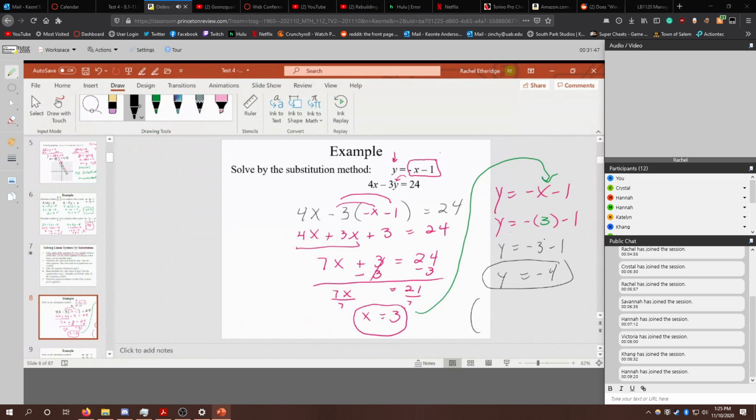That means that on the graph, those two lines intersect at 3, negative 4. So if you were to graph those two equations, they would intersect each other at that point 3, negative 4.